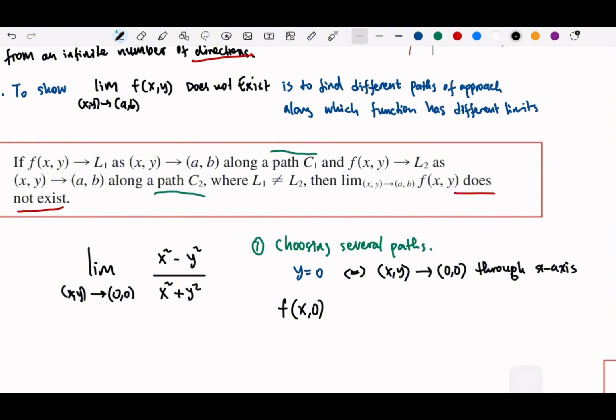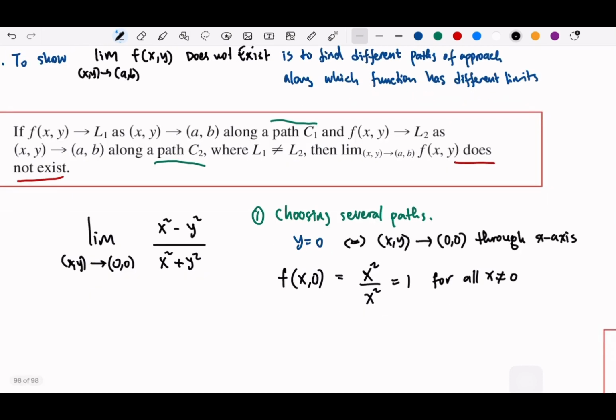This is going to be x squared over x squared, which is equal to 1 for all x not equal to 0, because 0 is the point we need to approach. So from this y equals 0, f(x, y) gets closer to 1 as (x, y) approaches (0, 0) along the x-axis.